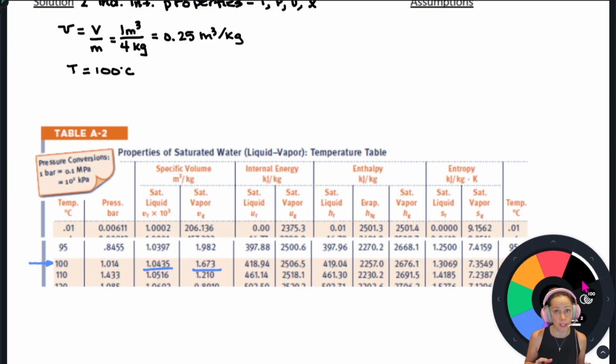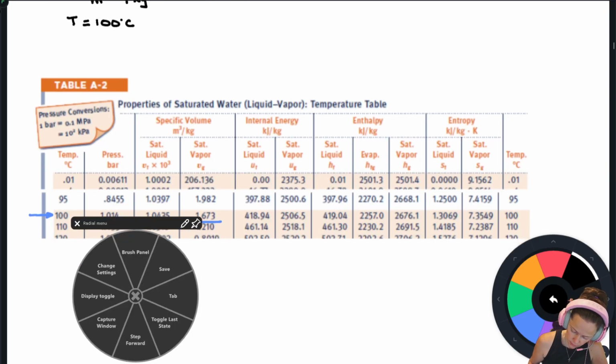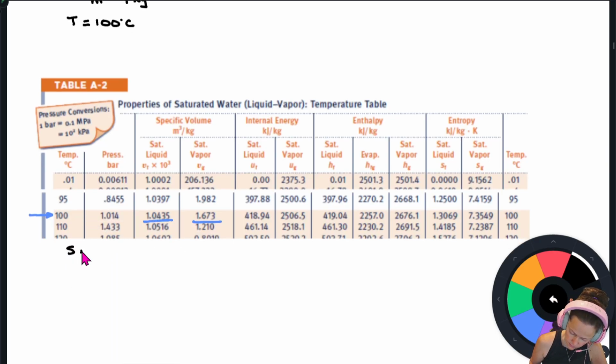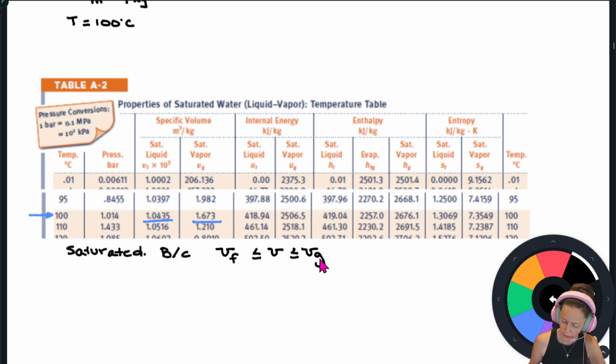So it's between those two values, V sub F and V sub G, so I know that it's saturated. Why is it saturated? Because my specific volume is between the V sub F and the V sub G value.